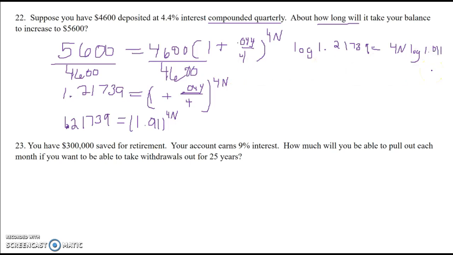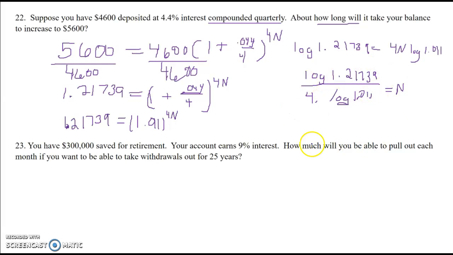Now we want to get n, so to get n I'm going to divide by 4 and the log of both sides. So I'm going to end up with log 1.21739 all over 4 times the log of 1.011.